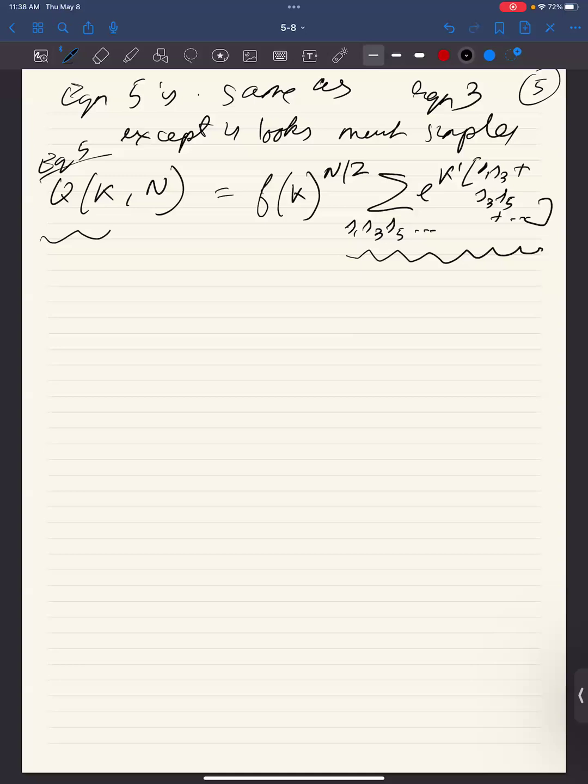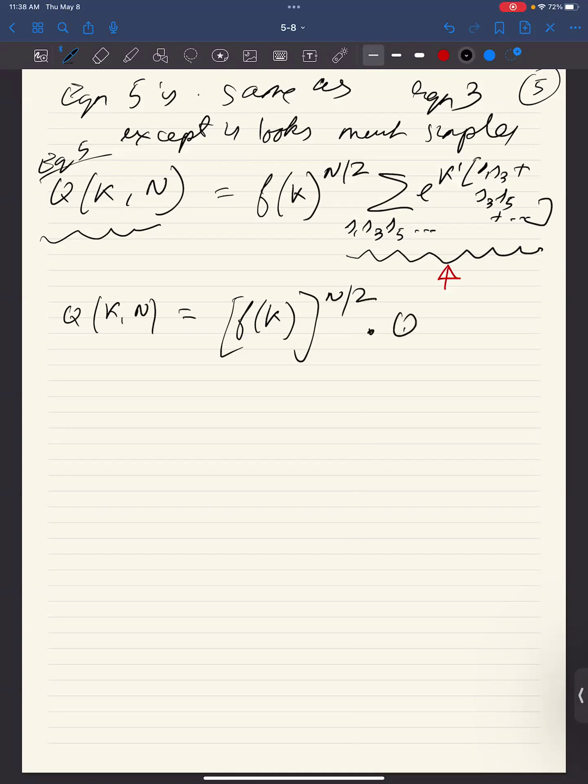If this was the partition function of a system with n spins, how many spins does this partition function have? N over 2, because I have decimated half of them. So this can be written as q of k comma n is equal to f of k whole thing to the power n by 2 multiplied by the partition function of a system with coupling k prime and half the number of spins, right?